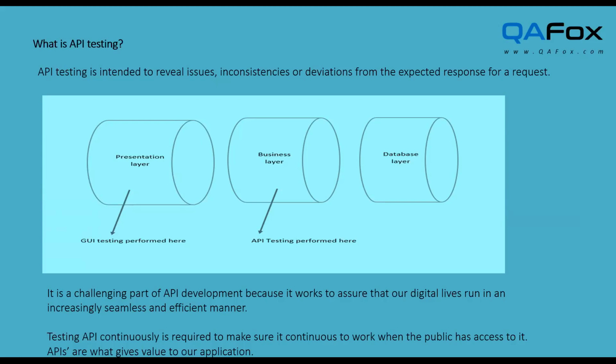So API testing is not as simple as the definition here. It is a big part of developing APIs, because an API is not just interacting with a single device. These interact with many devices if we expose them publicly to the outside world.